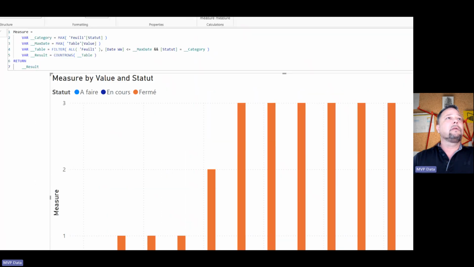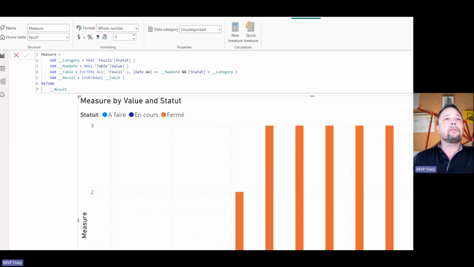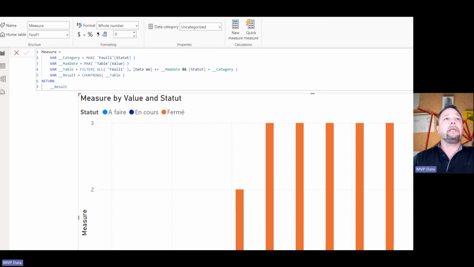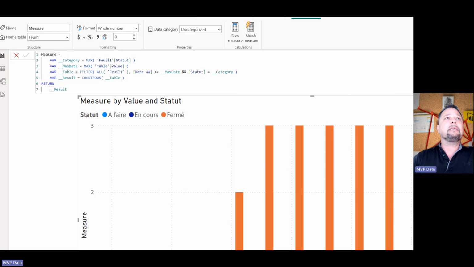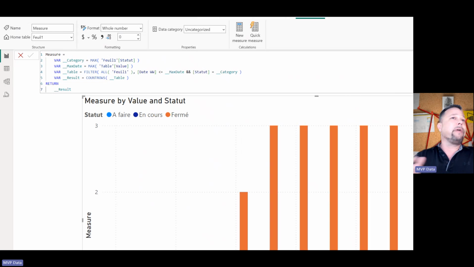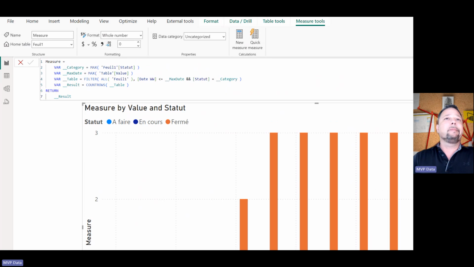In this case, I'm grabbing the max of my status or category, whatever it is. I'm grabbing the max of the week from the table that I created, that disconnected table. And then I filter the fact table, ALL fact table, where the week number is less than or equal to that max week number, probably should name that better, and where the status is equal to the category, whatever the legend is.